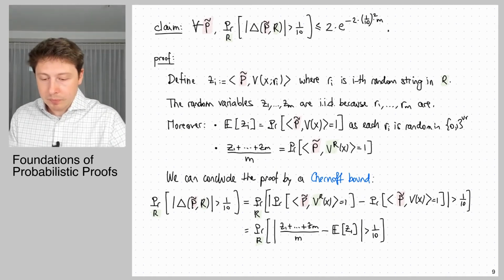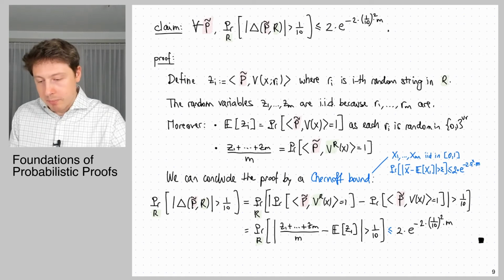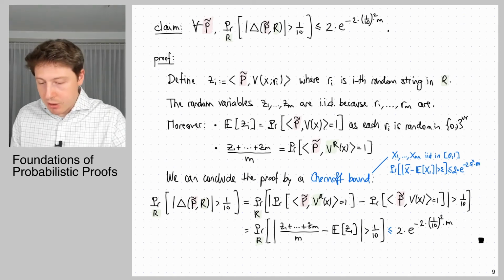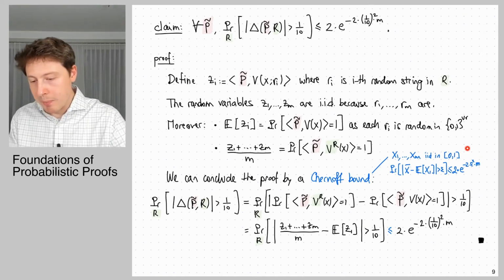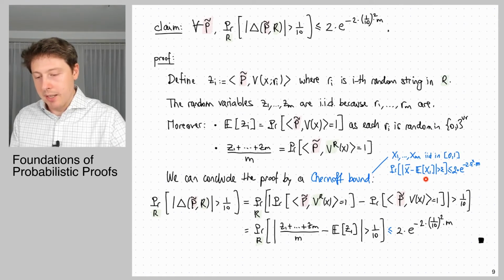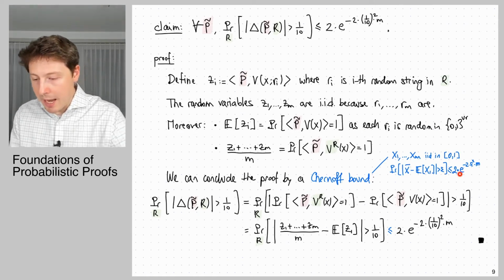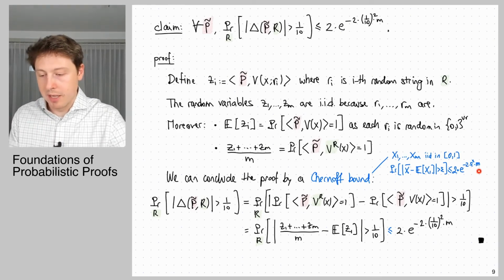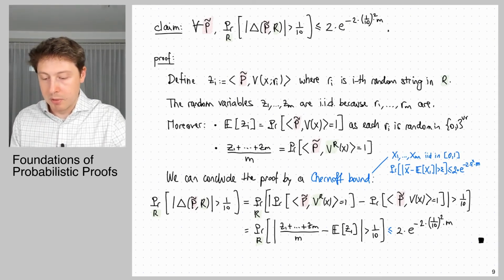And then we just apply some Chernoff bounds. There's like a million Chernoff bounds out there. This is the particular one that I applied. It says, give me x1 through xm, they are IID in {0, 1}. Then the probability that the empirical average deviates from the mean by more than epsilon is at most 2 times e to the minus 2 epsilon squared times m, where m is the number of these.